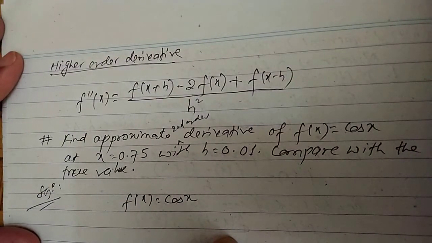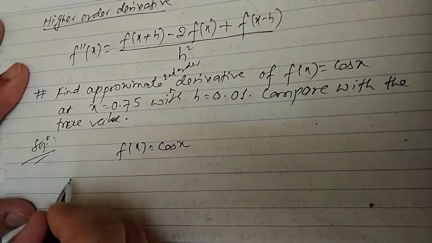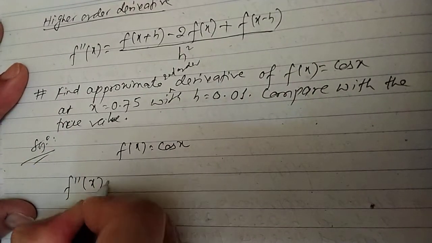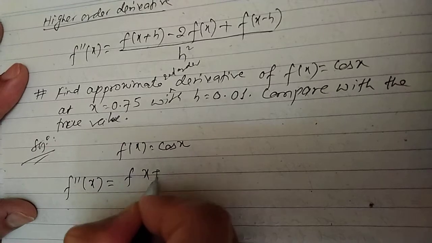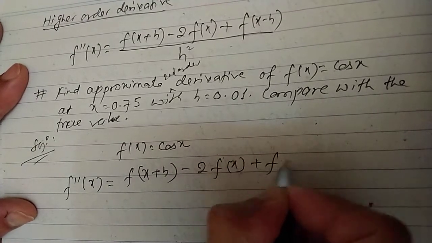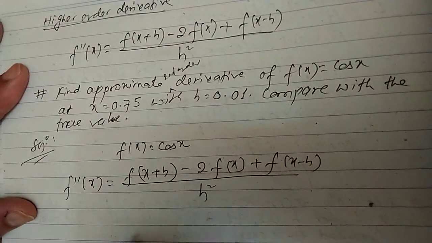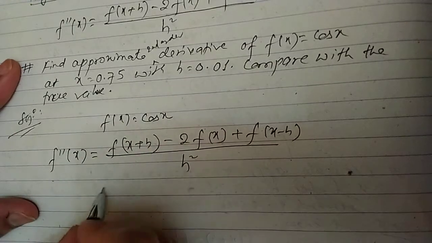Okay. The formula is already here. So let's put everything in the formula. So we have f double dash x equals f of x plus h minus 2 f of x plus f of x minus h, whole upon h square.